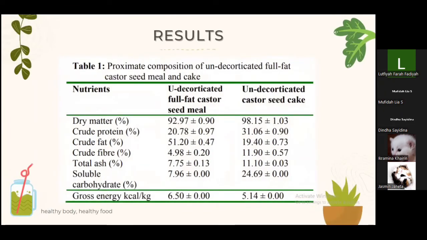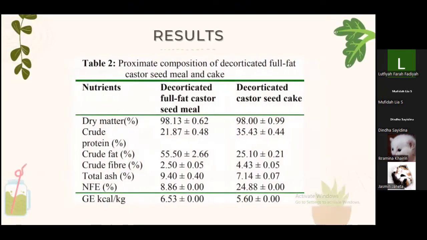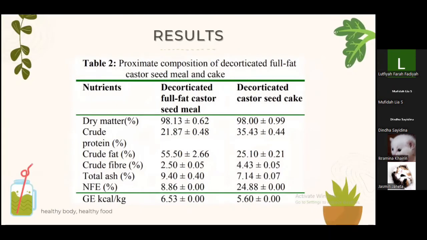Here we can see the result in table 1. So this is the result for the proximate composition of decorticated full-fat castor seed meal and cake.